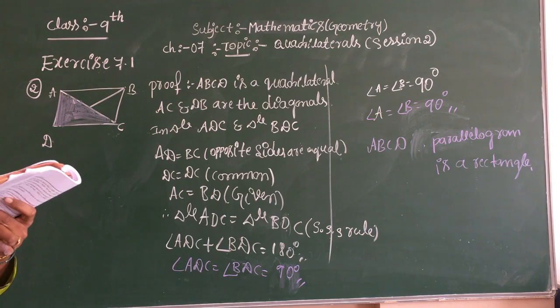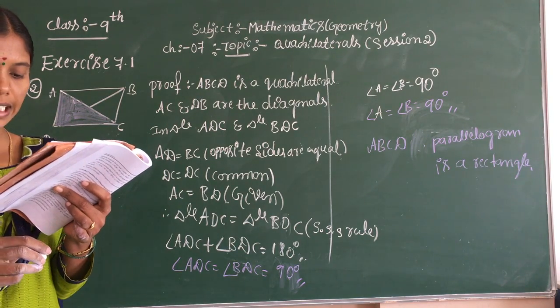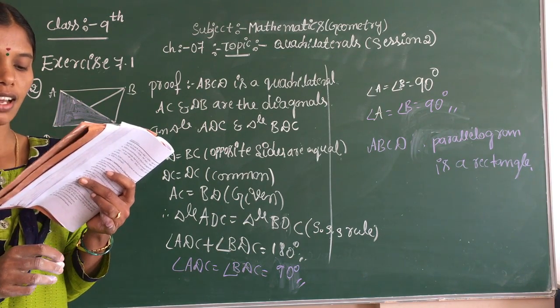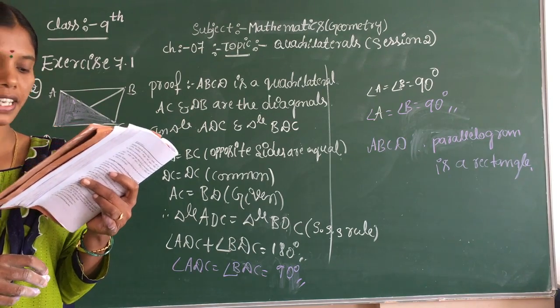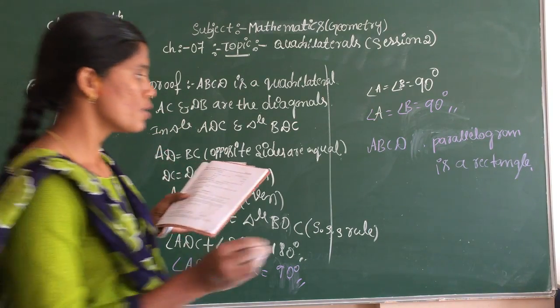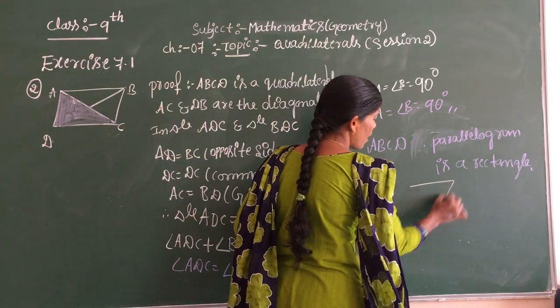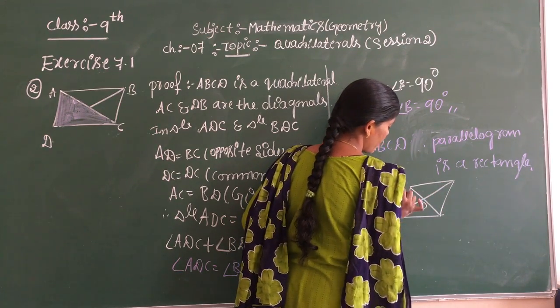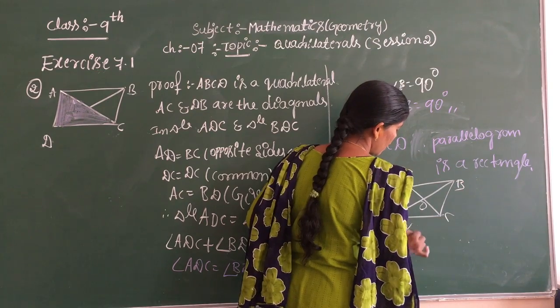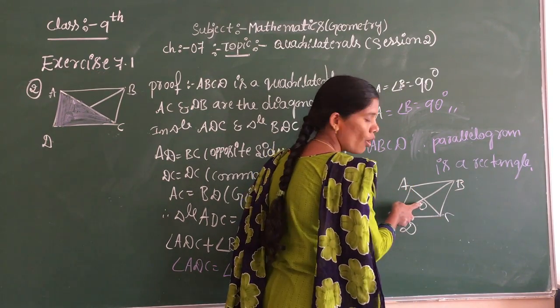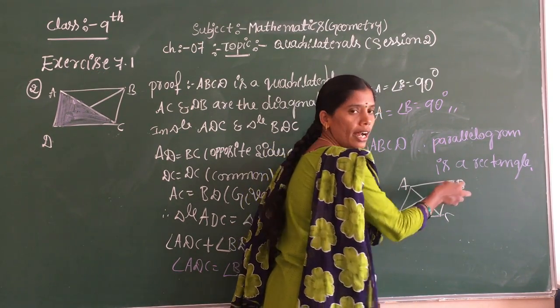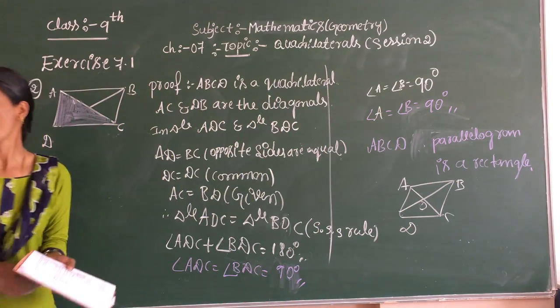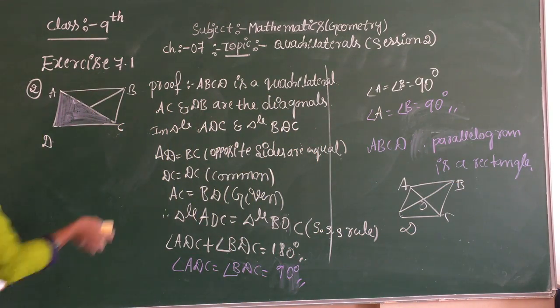Show that if the diagonals of a quadrilateral bisect each other at right angles, then it is a rhombus. Bisector means you should draw a quadrilateral. So this is bisecting, points A, B, C, D. The bisecting point is AO and OC, and DO and OB. Already you know in theorems.